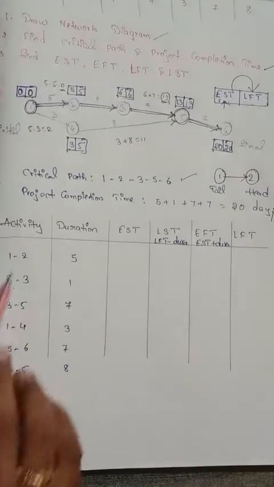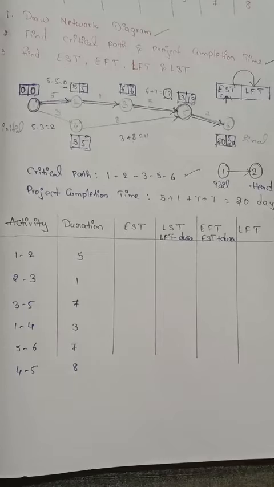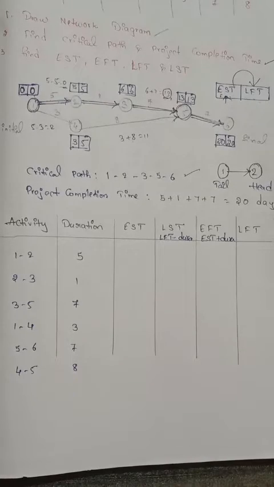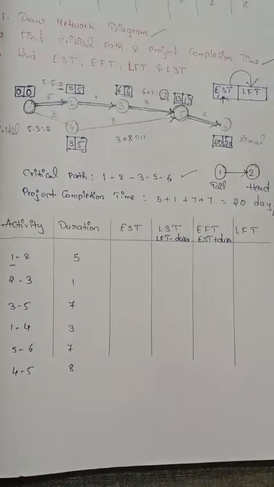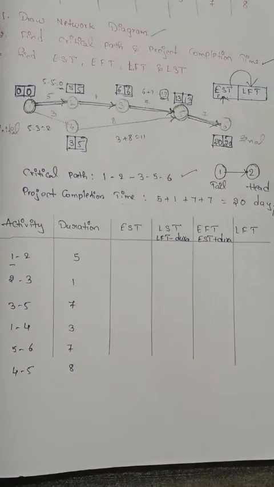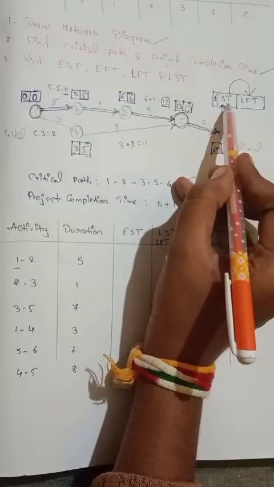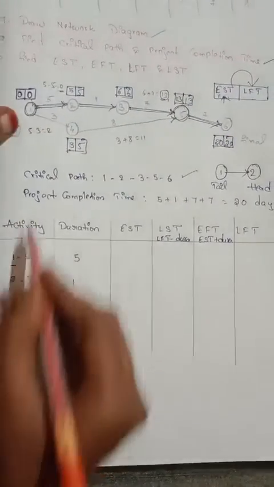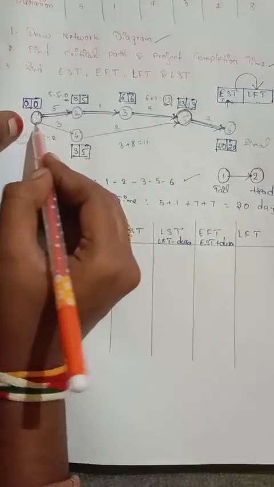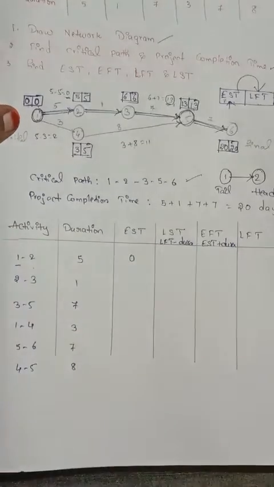So here I just wrote all the activities and their duration times, and here EST, what I have told guys, whatever is on the tail side, on the right side in the box, whatever value you have, it is the EST value. So for representation, remember this box: EST, LFT. So here EST means for 1 to 2, and on the tail side whatever we have is 0, just represent it as 0.